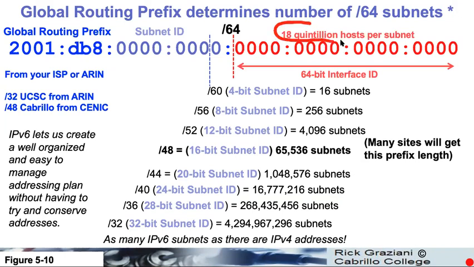So 18 quintillion hosts per subnet, first of all. Then, depending on what you get from your provider, really what you're going to get as a company, anything from /32 to /48, you're going to have plenty of subnets and plenty of hosts per subnet. Now you can just manage them the way that you want.